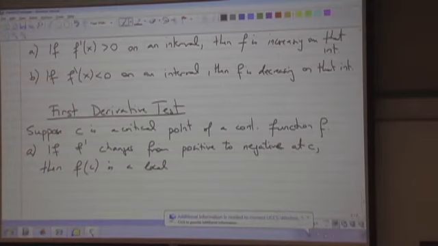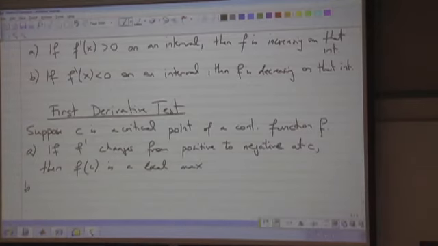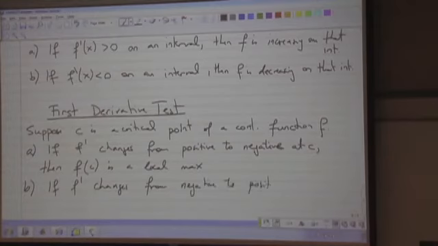Max. Everybody understands why max? It's positive then negative, which means my function is increasing then it's decreasing, right? Part B, if f prime changes from negative to positive at C, then f of C is a local min. Okay, so far so good?